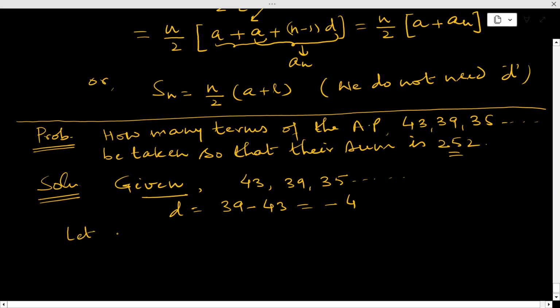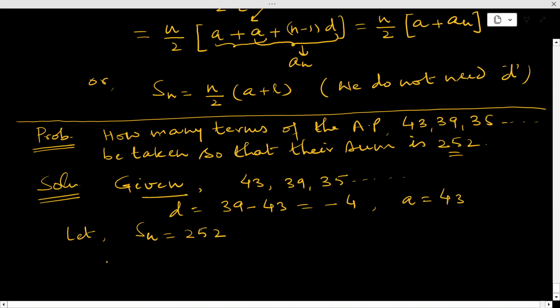So let the sum of n terms be 252, and we have to determine this value of n. Before we use the formula, we also have the first term, which is 43 here.